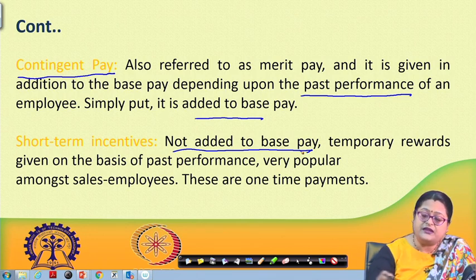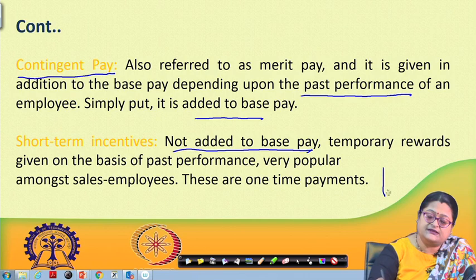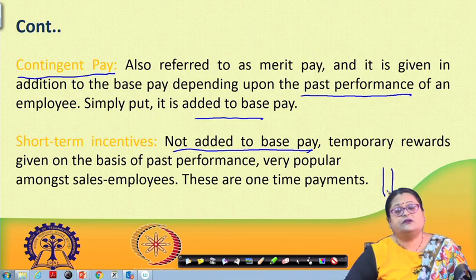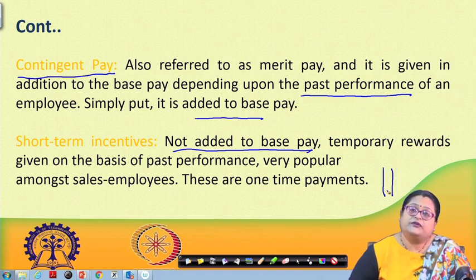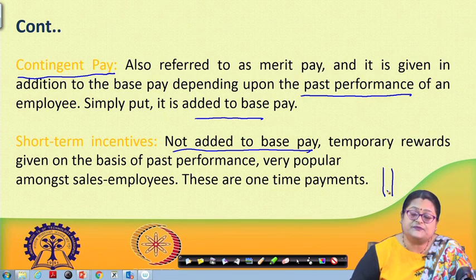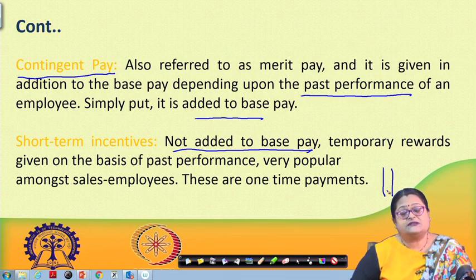Later, when we will be discussing in detail the reward management system and the designing of rewards, we will pick up each of these topics. Here in this chapter we are introducing you to the different kinds of rewards, but then we will discuss how to design them so that they act as a reinforcer.